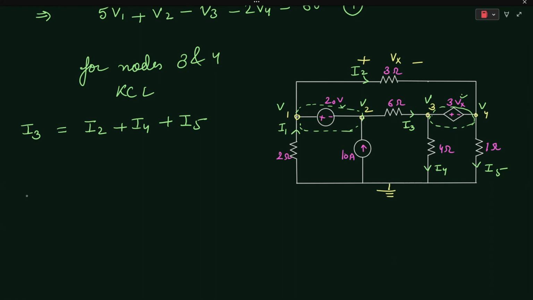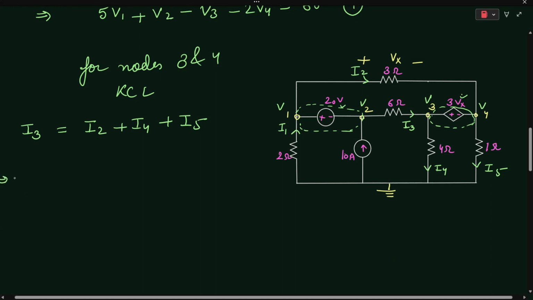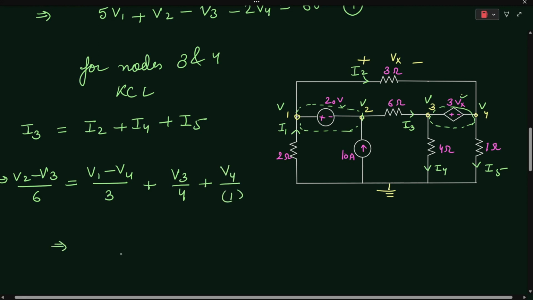On substituting the values, (V2 minus V3) upon 6 is equal to I2, which is (V1 minus V4) upon 3, plus I4, which is V3 upon 4, plus V4 upon 1. On simplifying, we get 4V1 plus 2V2 minus 5V3 minus 16V4 is equal to 0. Let's say this is your third equation.